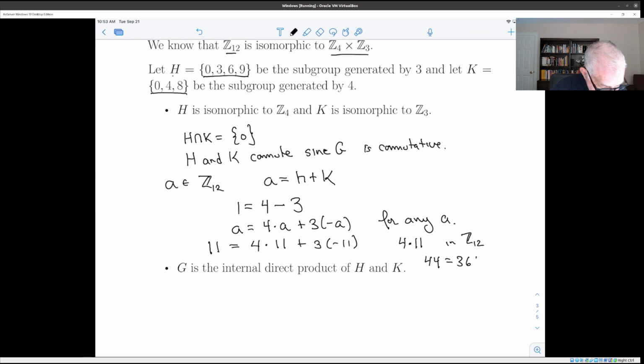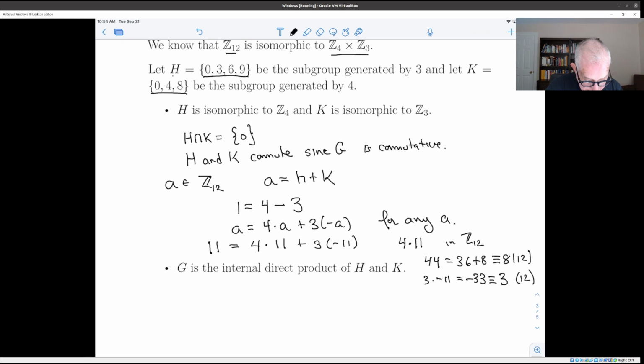It's 36 plus 8, so it's congruent to 8 mod 12. And 3 times minus 11 is minus 33, and mod 12, that's congruent to, well, minus 36 is congruent to 0, so it's congruent to 3 mod 12.